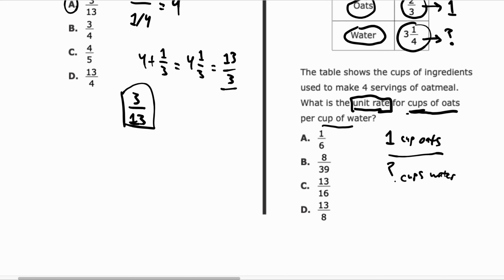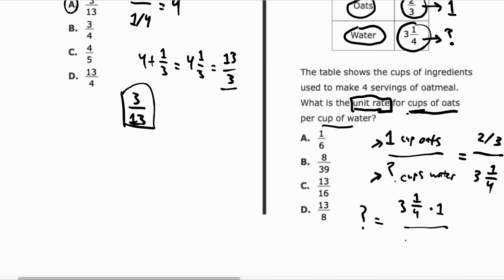So we can do this by setting up a proportion. We know that for every 2/3 cup of oats, we have 3 1/4 cups of water, and we want to know if we have 1 cup of oats, how many cups of water. So that's a proportion. We cross multiply here, and we get 3 1/4 times 1 over 2/3 as our answer.